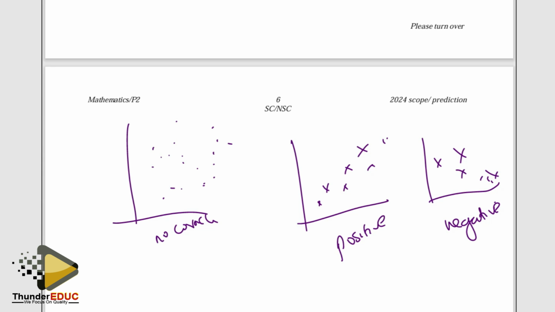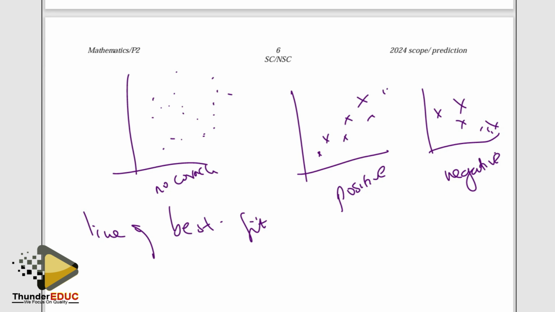So at times, if you're given just the scatter plot, they could ask you to plot or to draw the least square regression line. Or sometimes we call it the line of best fit. It's the same thing. It's like me having a surname and a name. So if that line is to be drawn, remember, you need to get the mean of the x values and then the mean of the y values.